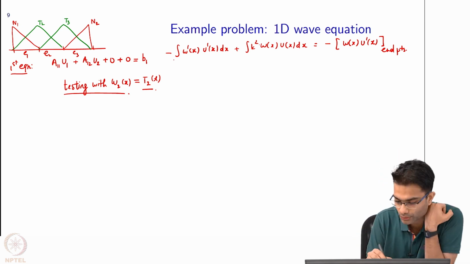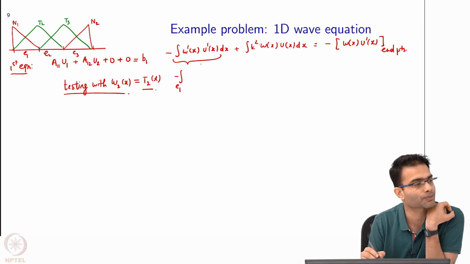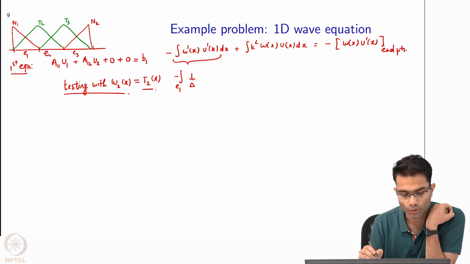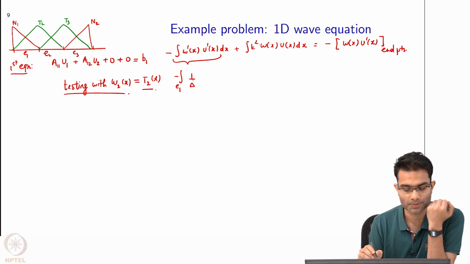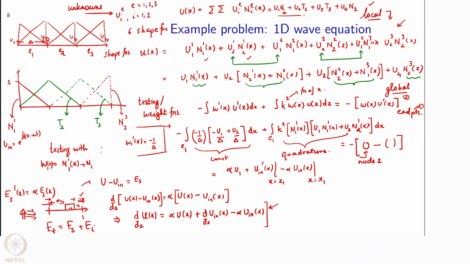So this will split into two terms. So there will be an integral over E1. The derivative here is positive 1 by delta for W prime. U prime, which terms will appear? Go back over here. We are integrating over E1.